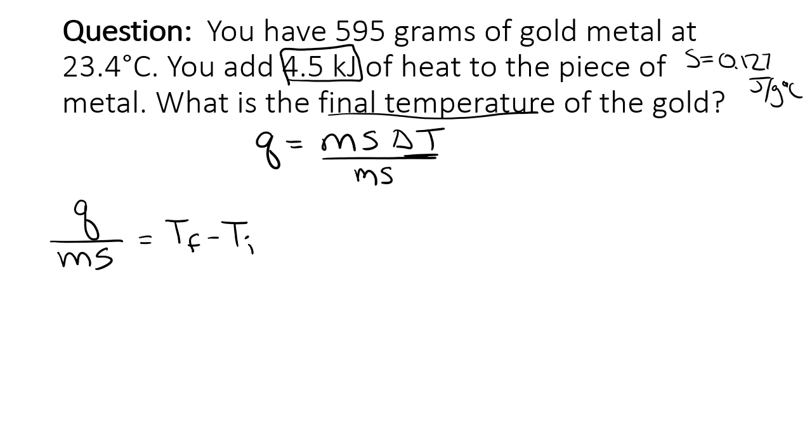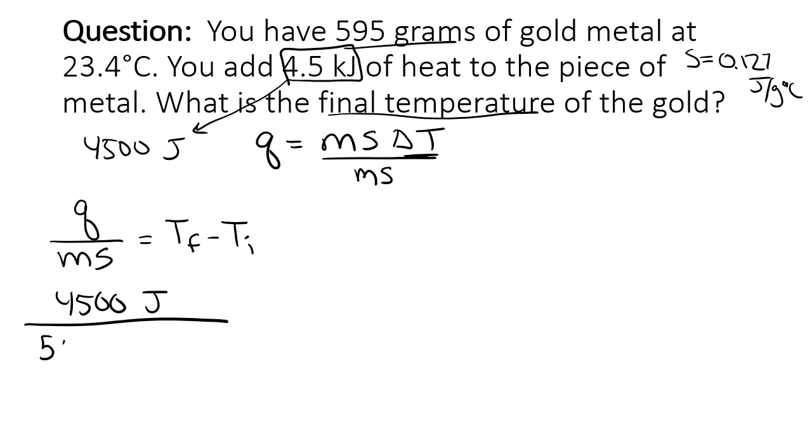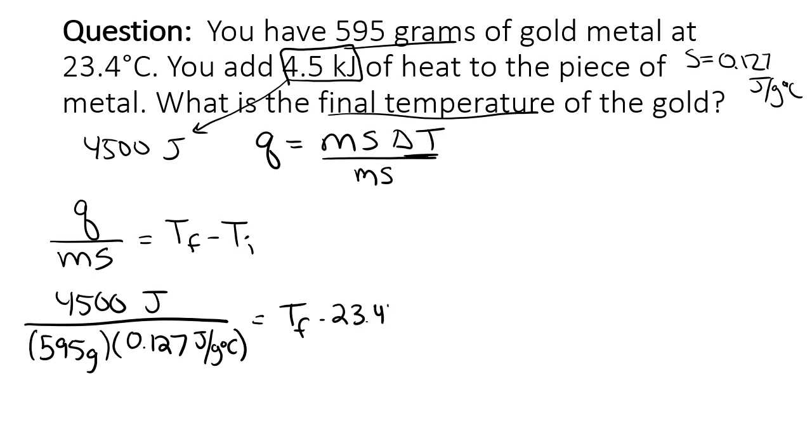If we do that, we get that the heat is 4,500 joules. So I have 4,500 joules divided by the mass, which is 595 grams. That's going to be multiplied by the specific heat that we looked up, 0.127 joule per gram degree Celsius. And that's going to be equal to the final temperature, which is what we're looking for, minus 23.4 degrees Celsius for the initial temperature.